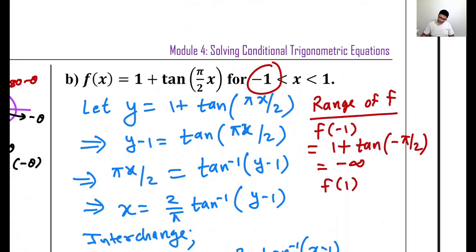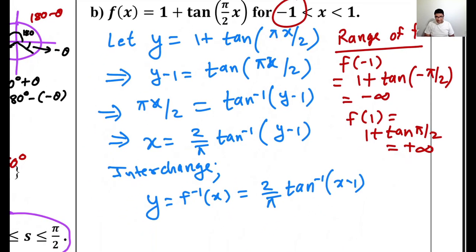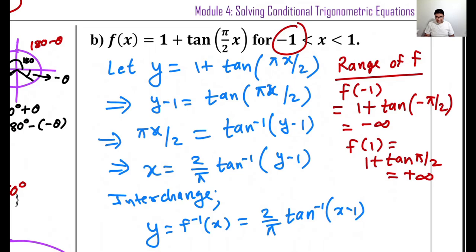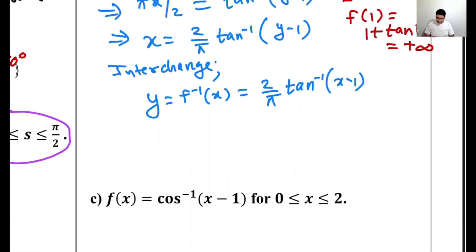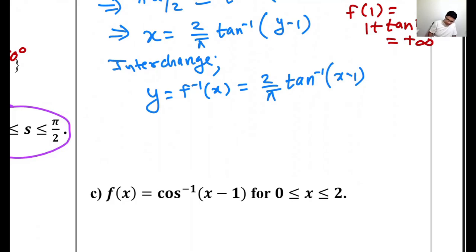And if you evaluate at the other endpoint, you get 1 plus tan pi over 2, and now you are approaching from the left, so that will be going to plus infinity at 90 degrees. So basically the range of f is negative infinity to positive infinity, so that becomes the domain of the inverse function.